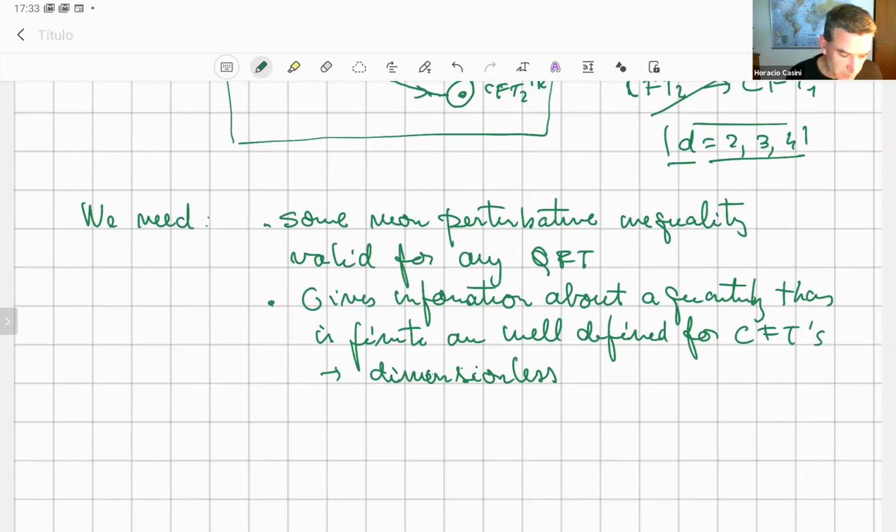And you don't want the quantity to have dimensions, because otherwise, as you change the size, you zoom in, for example, the quantity will change, and you don't want to do that. You want to classify the theory, to give a number for the CFT.